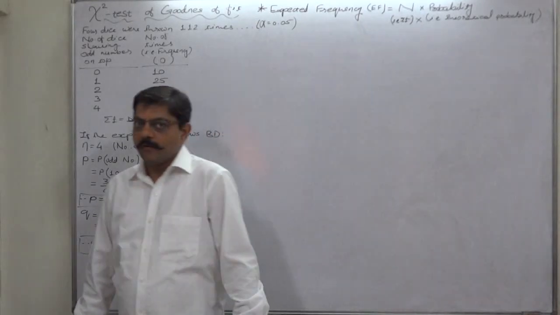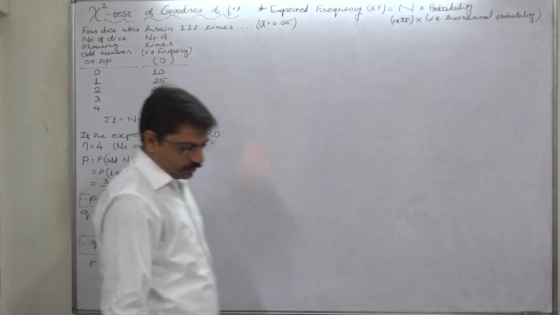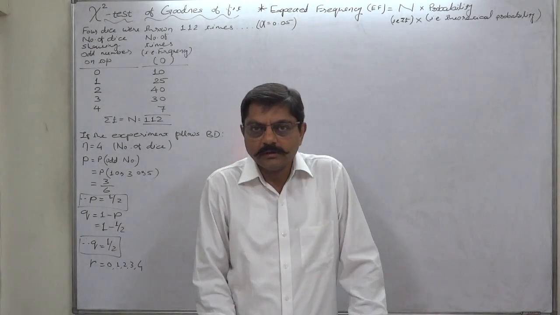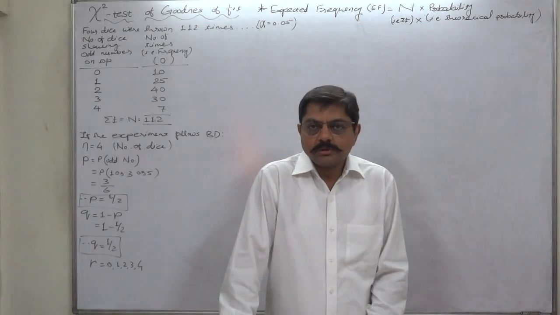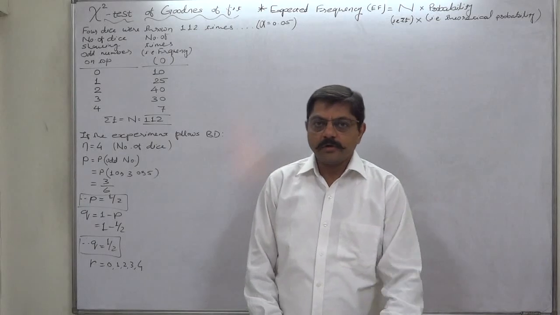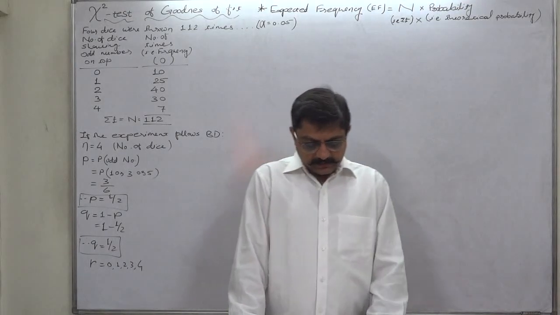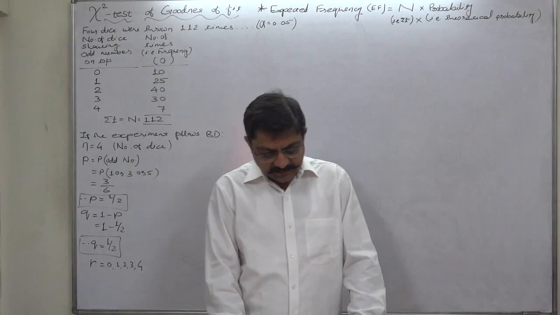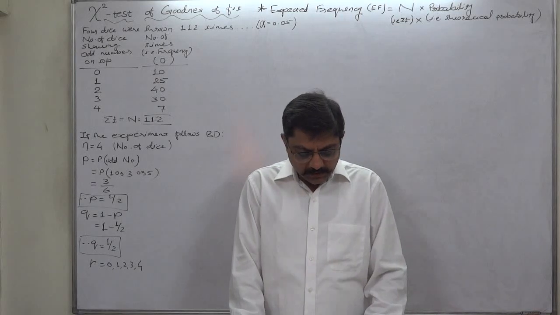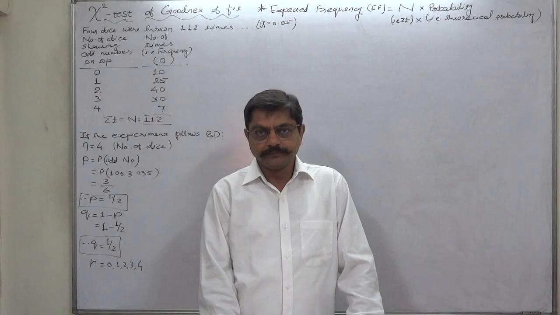Chi-square test of goodness of fit, and now we are going to take a few cases on binomial distribution, Poisson distribution, etc. Now first we are going for binomial distribution, and the case is: a professor in statistics assigns a task of testing whether the four dice, or other four given cubical dice, are unbiased or not.